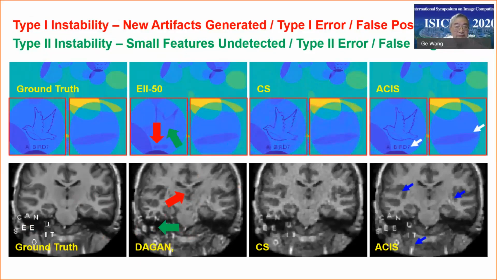With compressed sensing, the authors say compressed sensing has kernel awareness, so you have more stable results. You can see the letter, and you see the bird very clearly. And with our ISID network, because we synergize deep learning and compressed sensing components into ISID, our results do not suffer from these two types of artifacts.